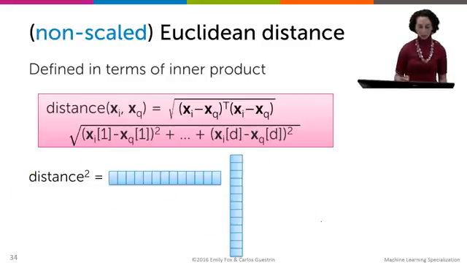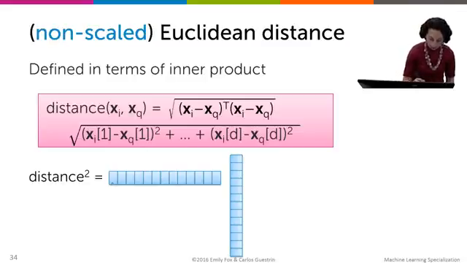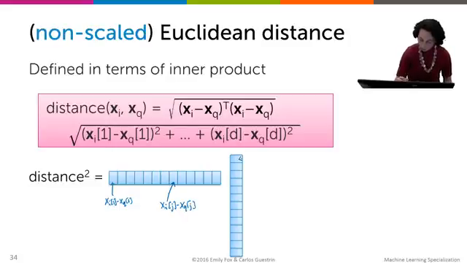And then to compute our distance, we take this vector where each element, this is xi1 minus xq1, and this might be xij minus xqj.